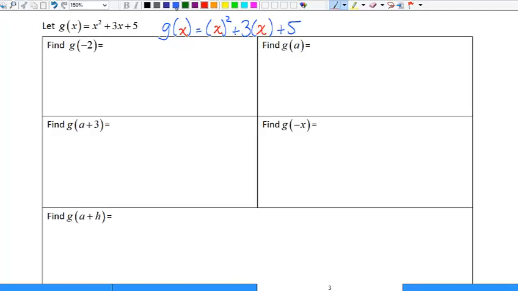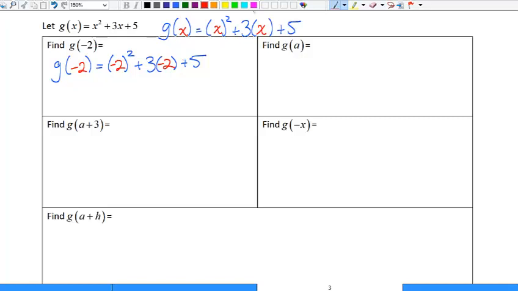So when I am looking for g of negative 2, I go back to the g function, which says x squared plus 3x plus 5. And every time that I have an x, I'm going to put an open parentheses so that I can come back later and put in the new value, which in this case is negative 2.